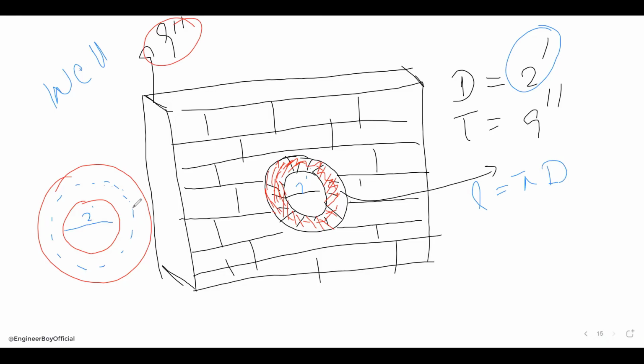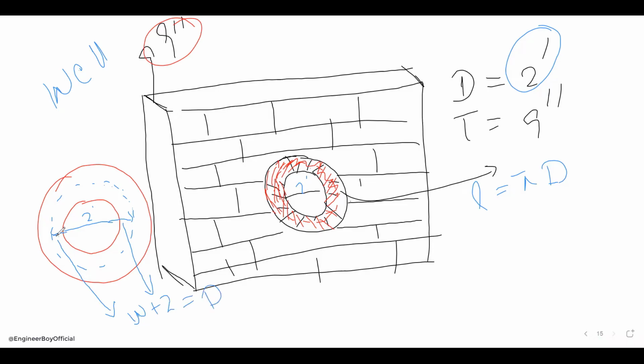We have to take the effective diameter, which is up to the center line. It means half of the weight can be added to one side and half of the weight can be taken to another side. It means we have to add one weight with the diameter.